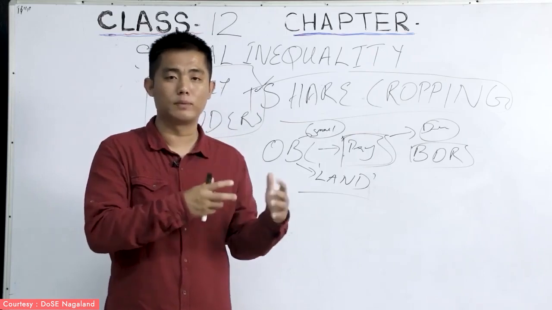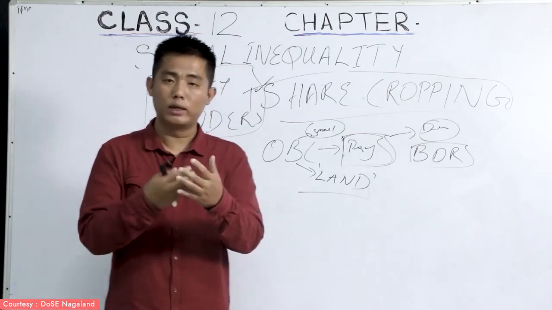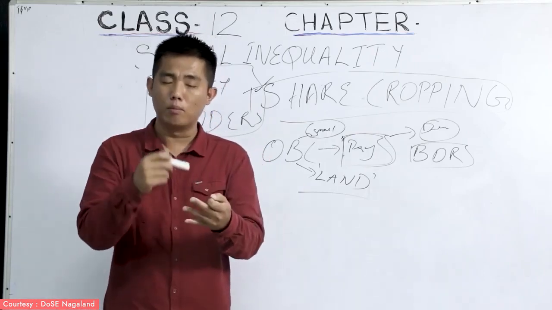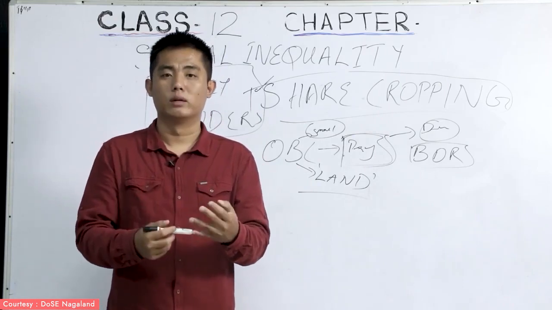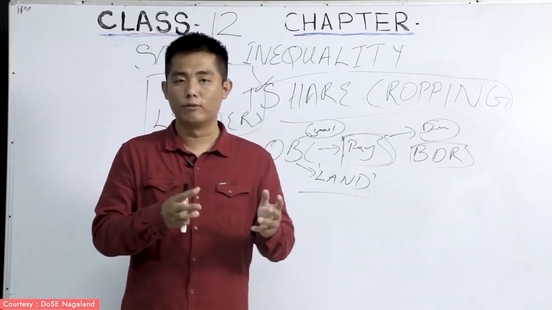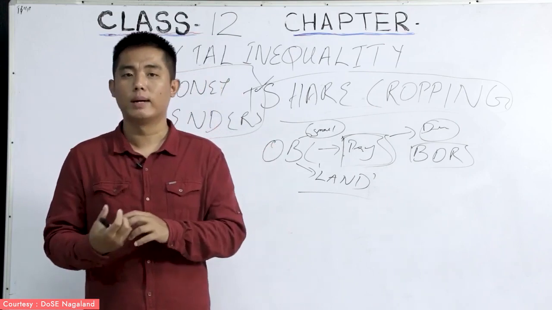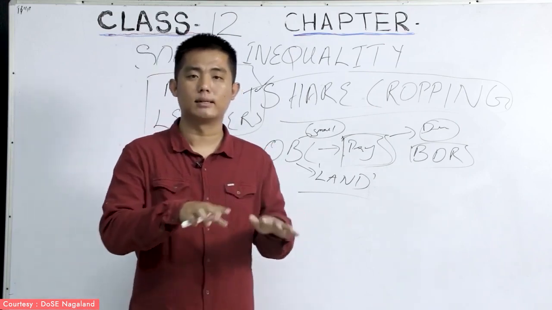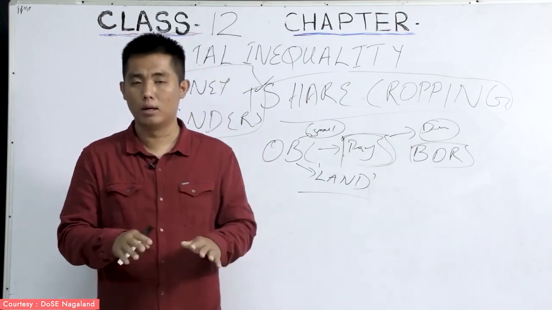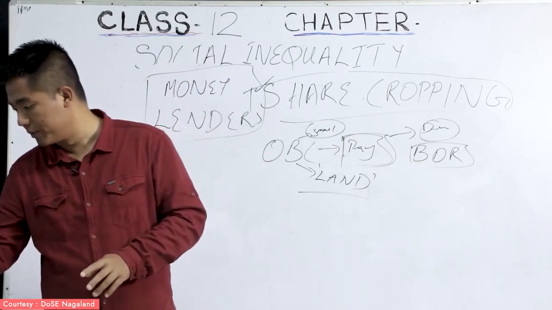Even among the backward group of people, they wanted to divide it this way. Now what happened is that this provision has not yet been implemented by the government. It's just there, but it's not yet implemented.